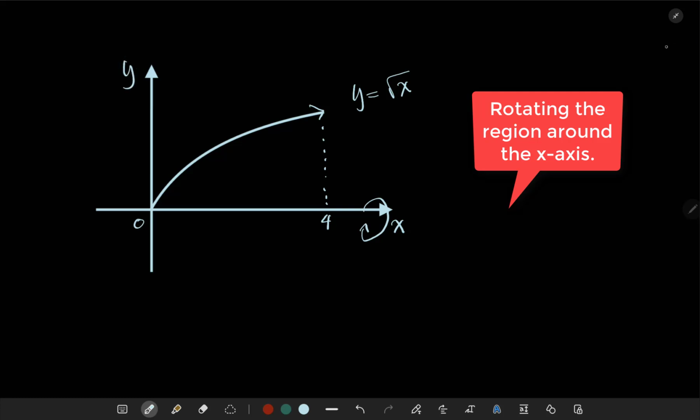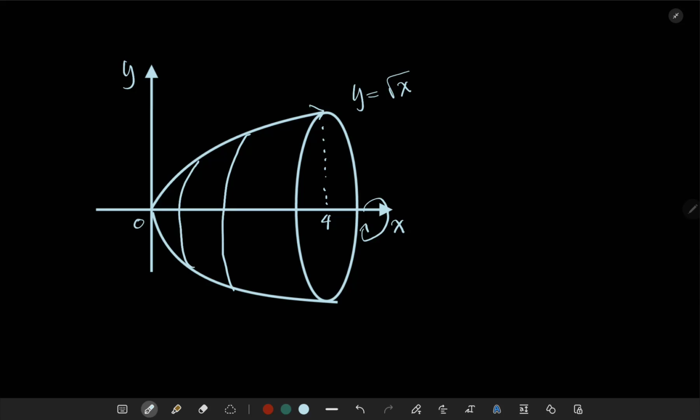So let's do that. Okay, so I went ahead and drew the graph of the solid that we obtain when we rotate around the x-axis, and let's pick a rectangle or a section here.